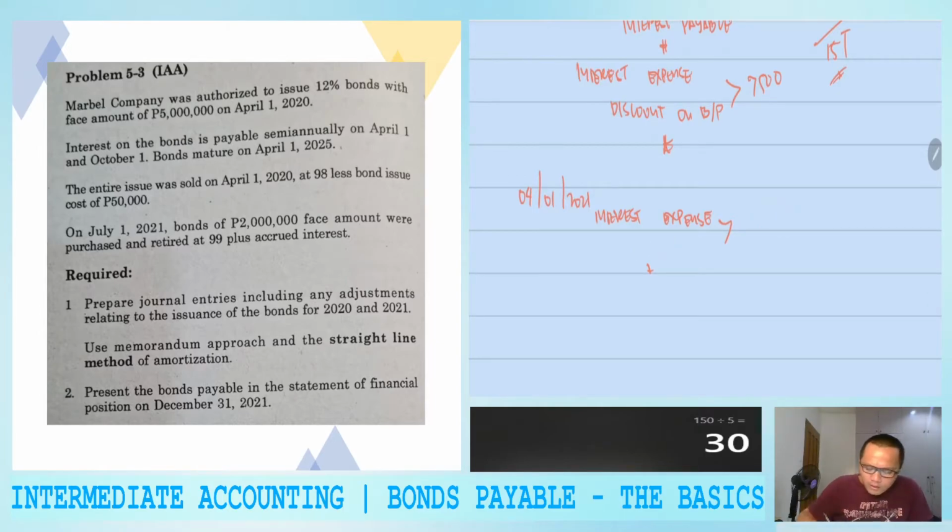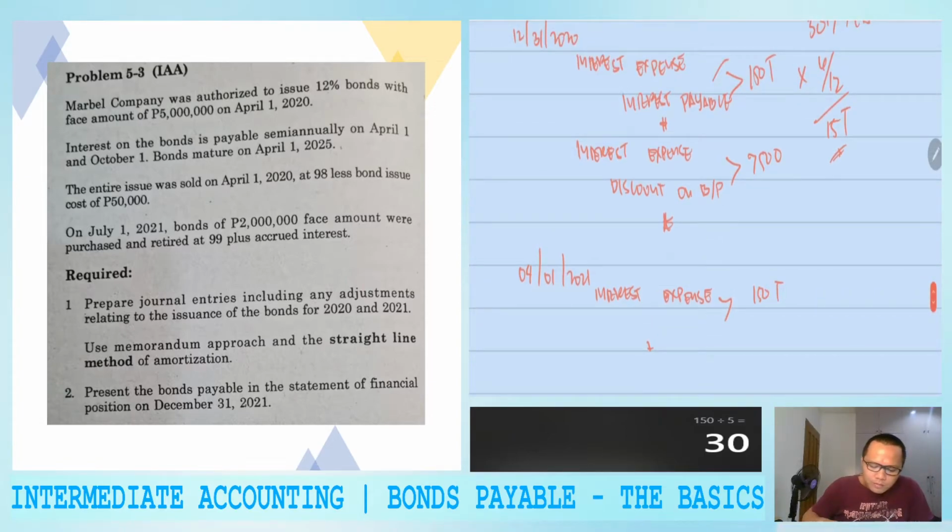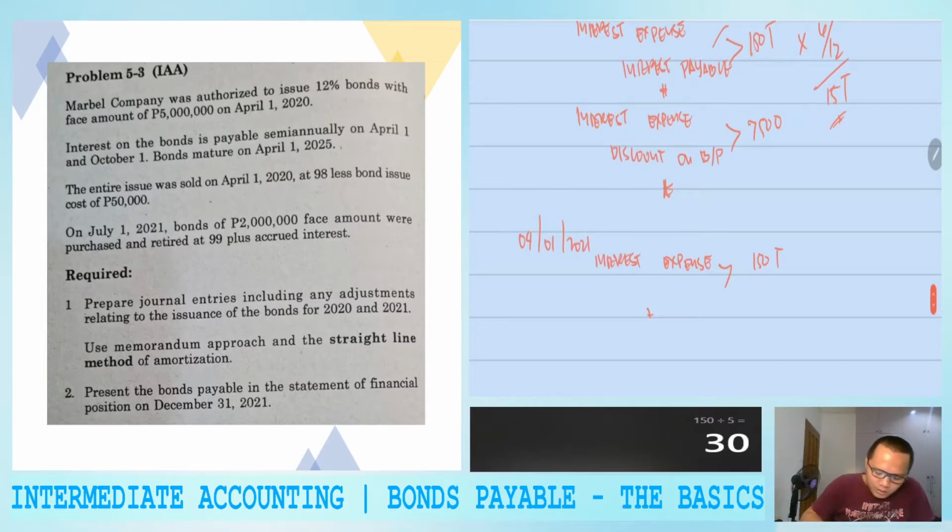Interest expense, again, kalahati lang because we have already accrued that on December 31, 2020. Debit interest payable at 150, credit cash 300,000. Okay?